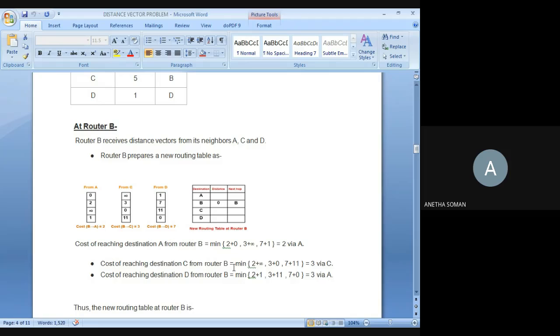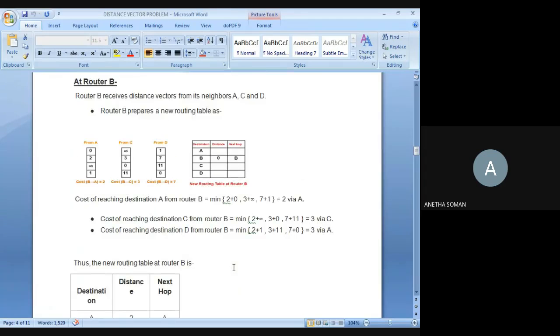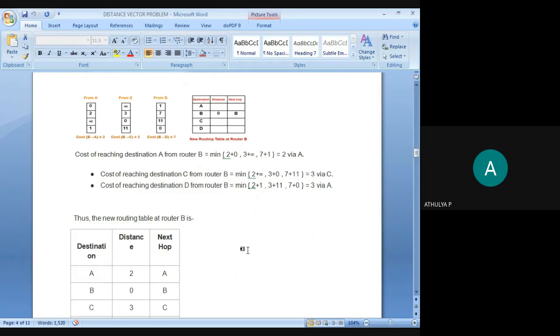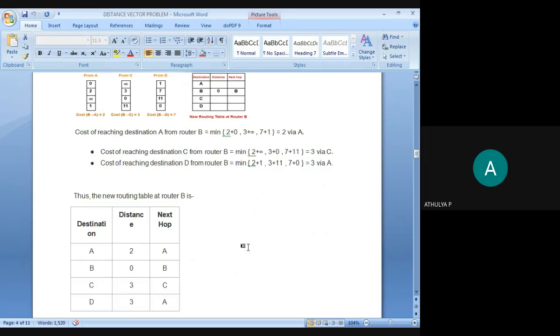A: you found the cost of destination A from router B as 2 via A, right? So A2A, B0B, C3C, D3A. Okay, so that is the new routing table at router B.